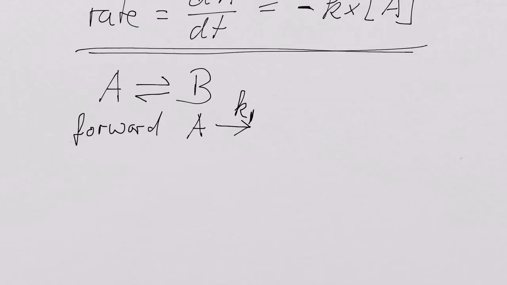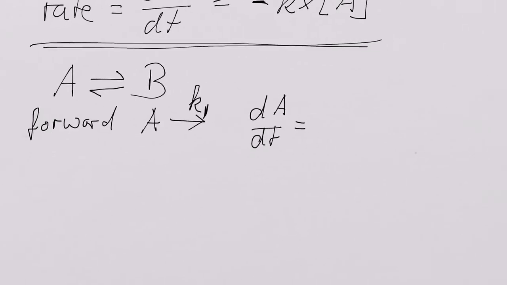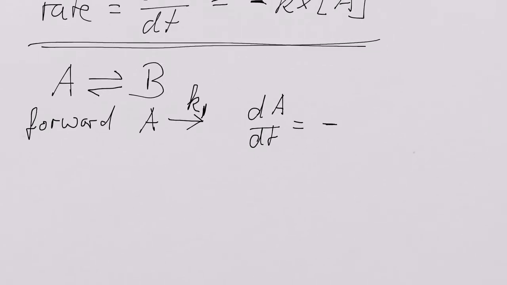So we can write dA over dt equals minus K times A. Let's make this a first order reaction. It's just easier. So K to the power of 1. So that's the forward reaction. That's something we can very easily deal with.